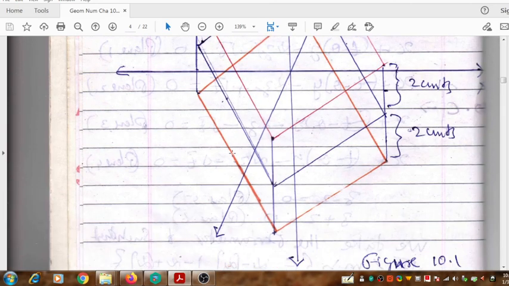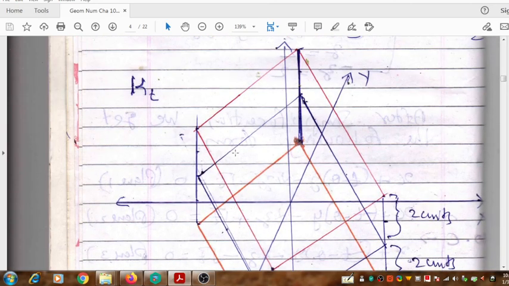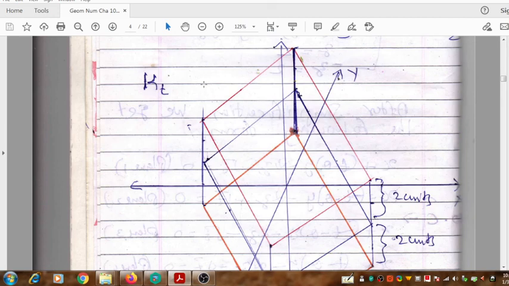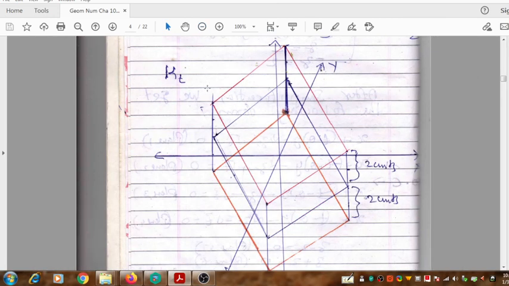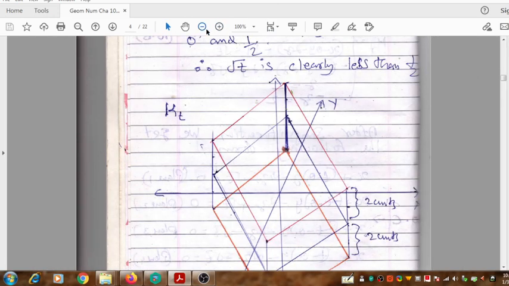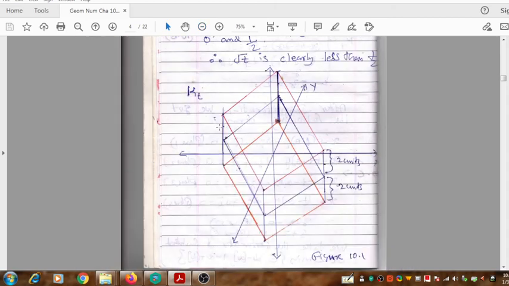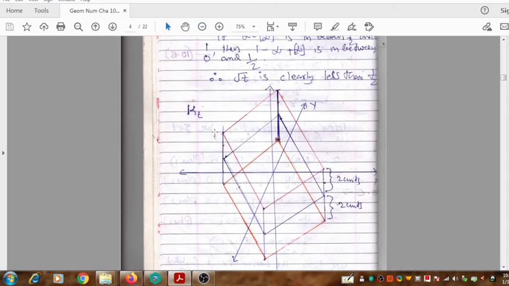Then we have the figure. You can see the figure. To get the full picture completely on the screen, I reduce the size. This is that prism.